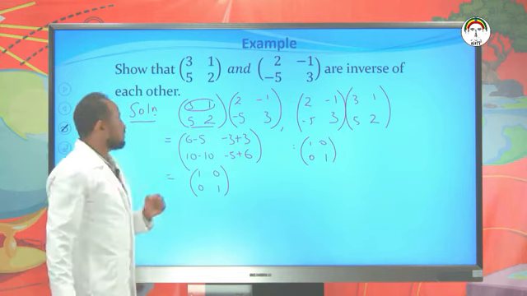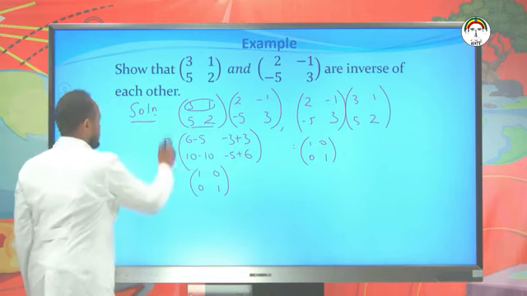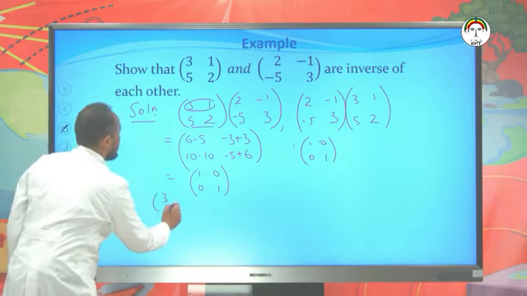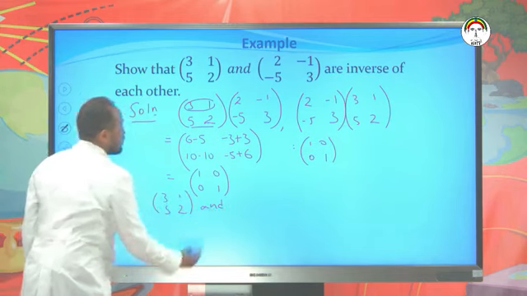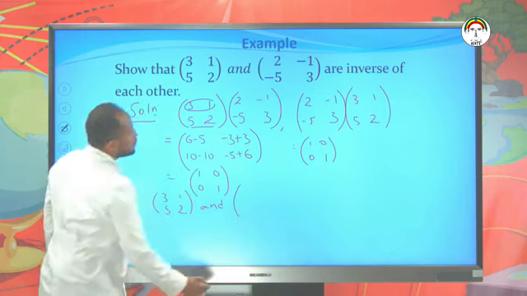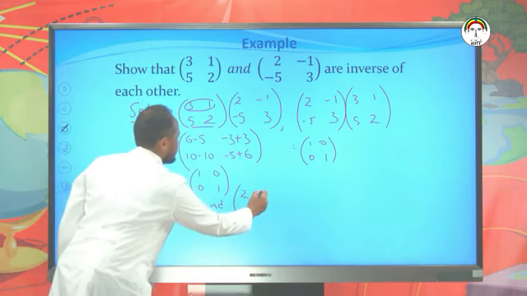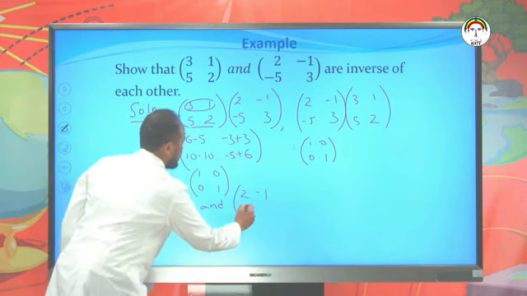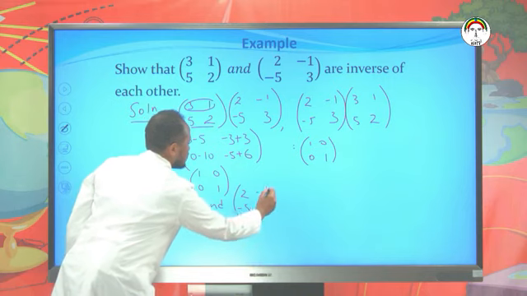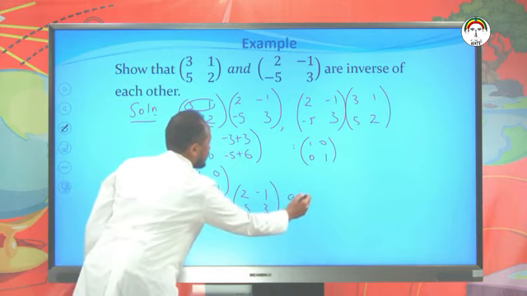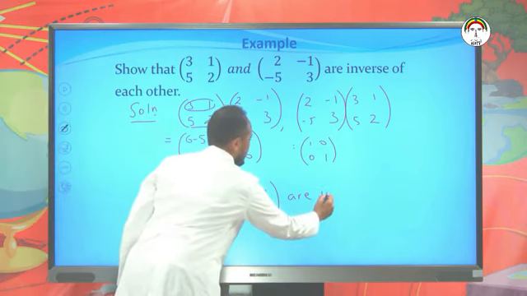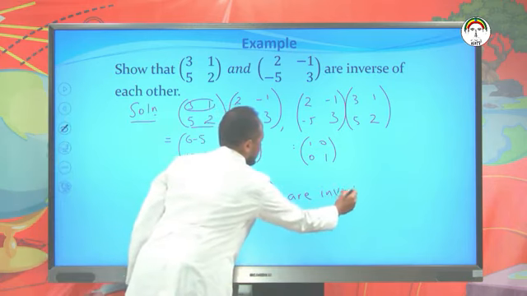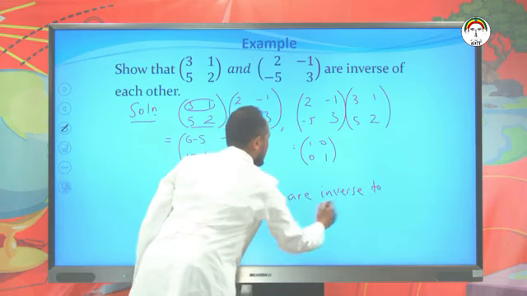So this is it. Therefore 3, 5, 1, 2 and 2, minus 1, minus 5, 3 are inverse to each other.